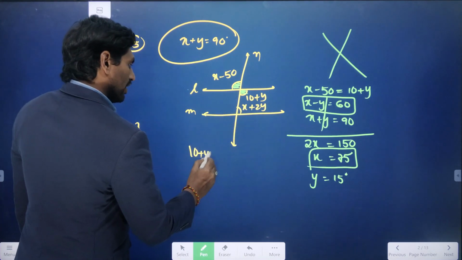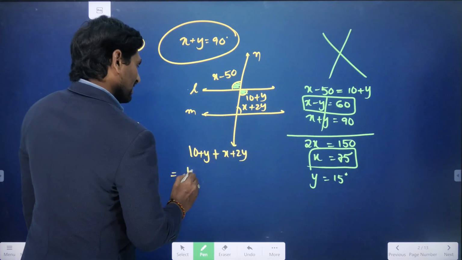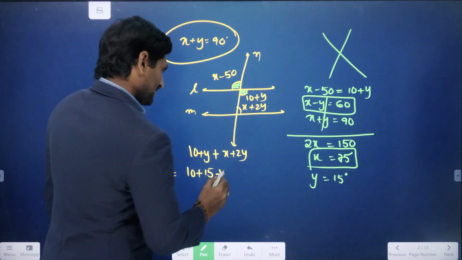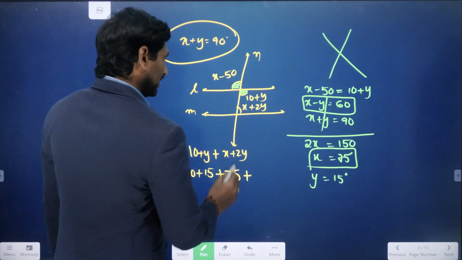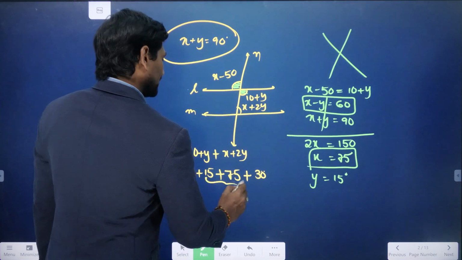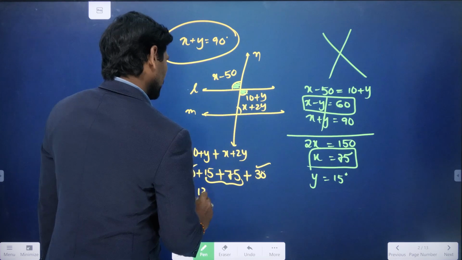So 10 plus y plus x plus 2y. Y is 15 degrees, plus x is 75, plus 2 into y. 2 into 15 is 30 degrees. Add 15 plus 75, that is 90. 90 plus 40 is 130 degrees.